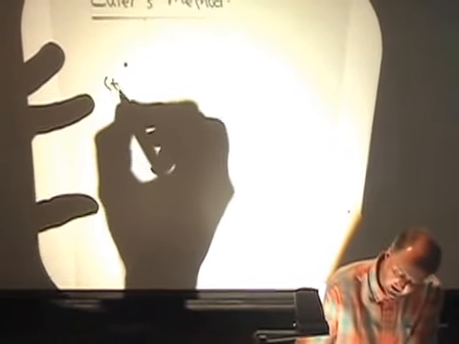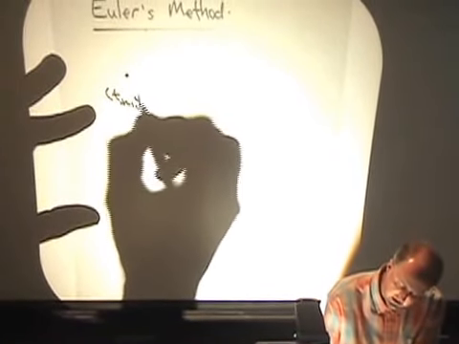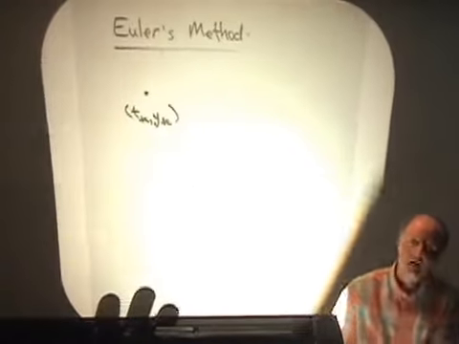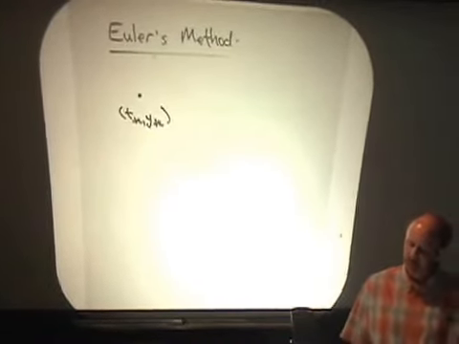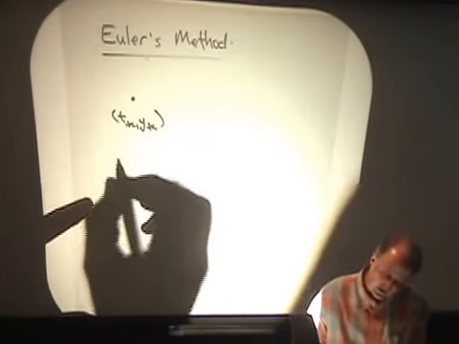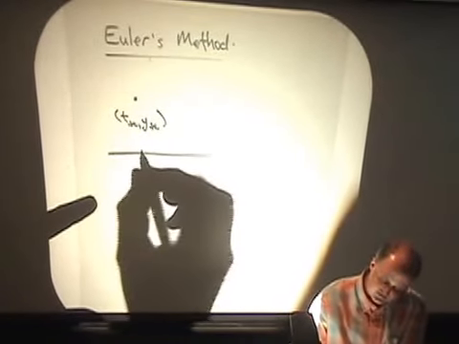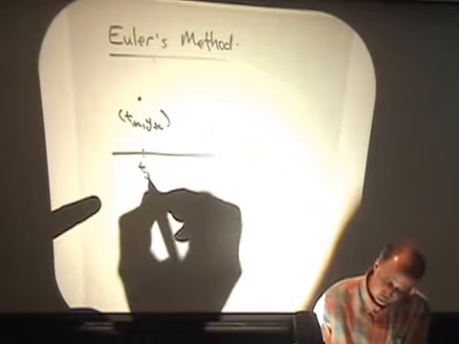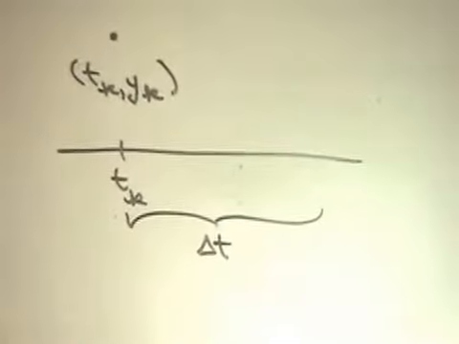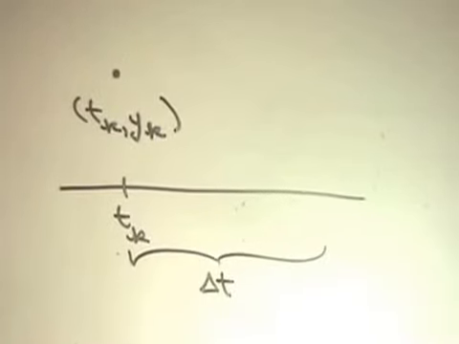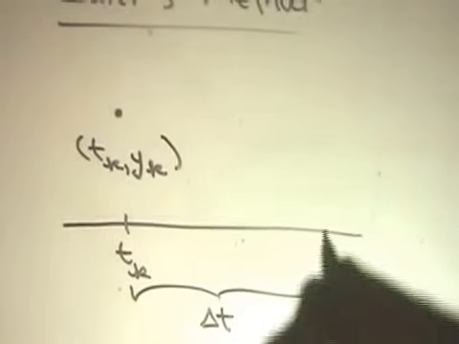Here's the idea. We're given certain quantities. Pretend that we're given a particular point on a curve. Let me label it t sub k comma y sub k. We're given a step size. Call it delta t. If this reminds you of numerical integration, we are using a similar kind of notation here.